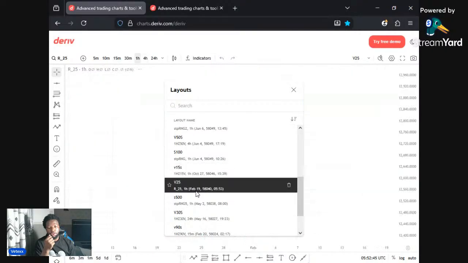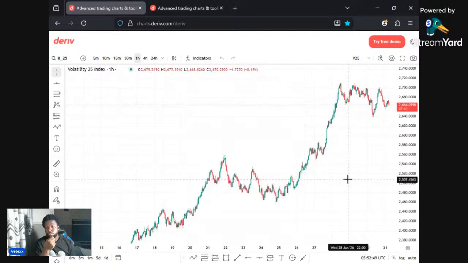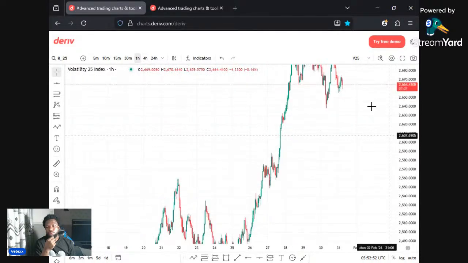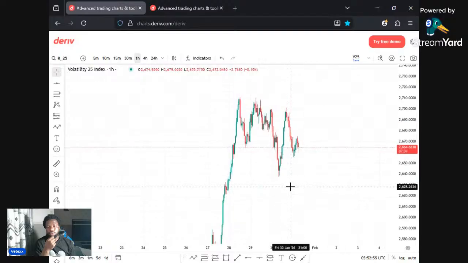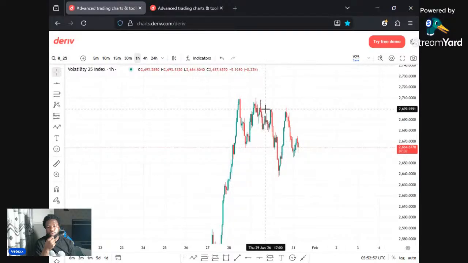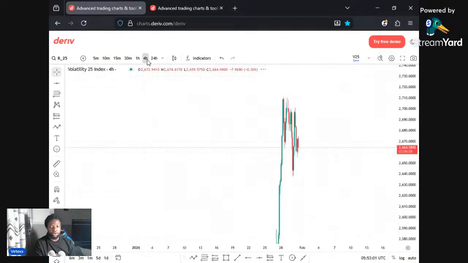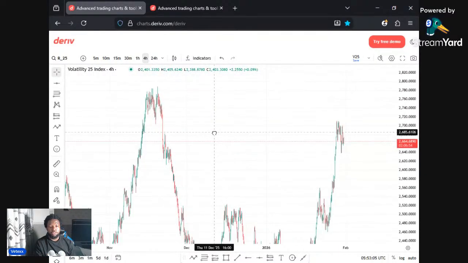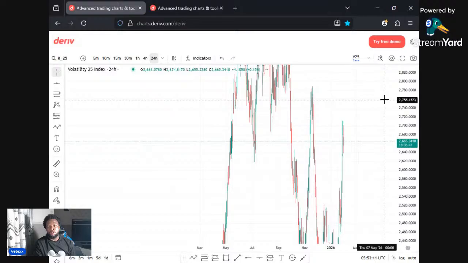which is V25. V25 has been bullish, has been bearish, but it's not giving any tangible structure that we can really take. There's nothing tangible on V25 at the moment. All right, so let's go to the 24-hour time frame.